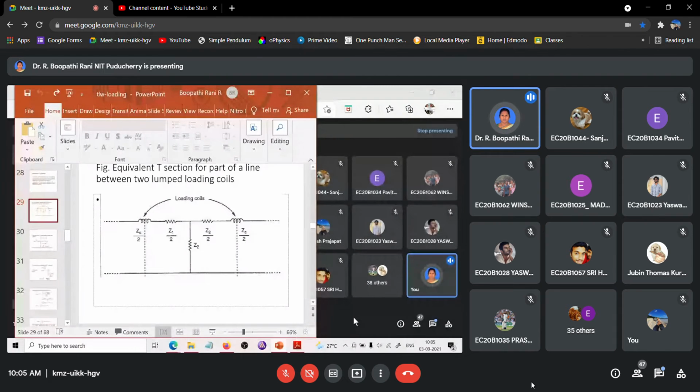Generally the transmission line will be drawn equivalently using a T section this way. Since we are including inductance on the line, for symmetrically analyzing the line we are taking that as ZC by 2 on both sides of the T section. So this is the equivalent T section for part of a line between two lumped loading coils.